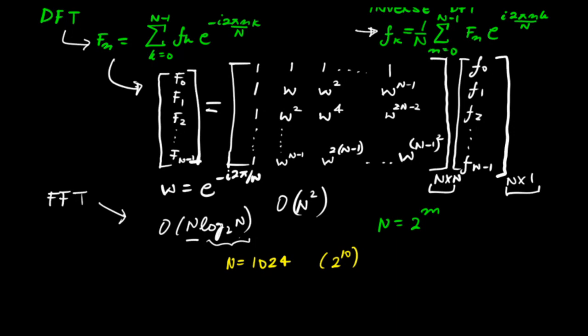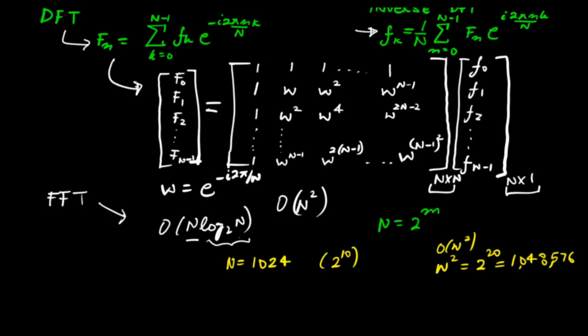So let's say the continuous signal was sampled at 1024 points, and the computation of the DFT using this matrix multiplication would require order n squared operations, and in this case n squared is 2 raised to power 20, which comes out to be 1,048,576. So approximately a million operations.